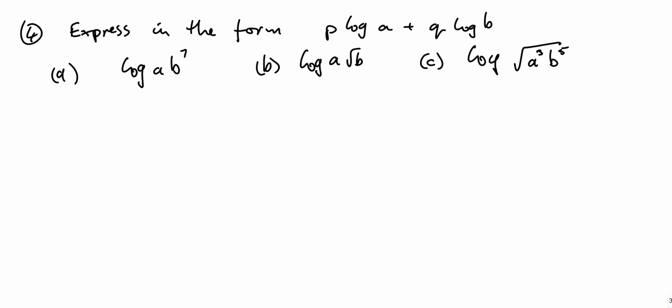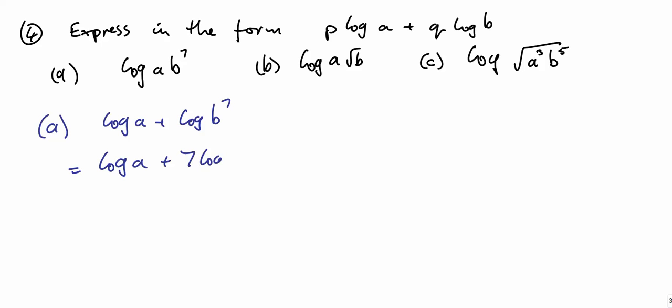The fourth group of problems here, express in the form p log a plus q log b. First of all, we've got log ab to the 7. Using the addition rule, we would write that as log a plus log b to the power of 7, and then using the power rule on the second term there, log a plus 7 log b.